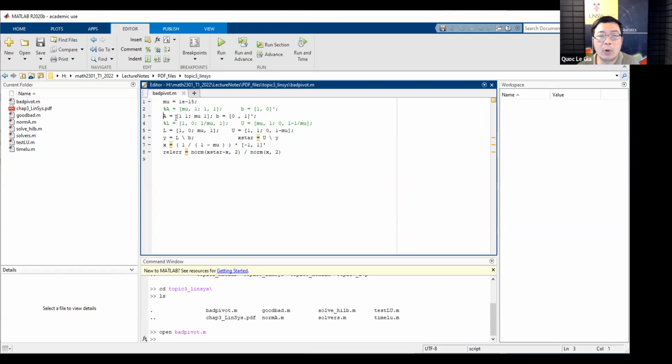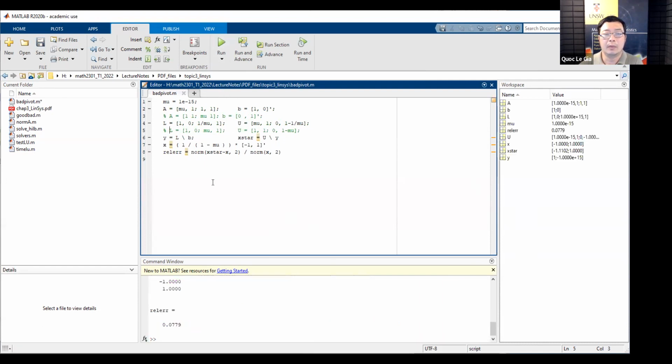This is the first case, when I haven't swapped the rows. Now you run it, and you see the relative error is 0.07, about 7%.